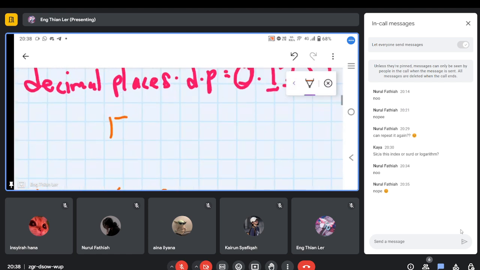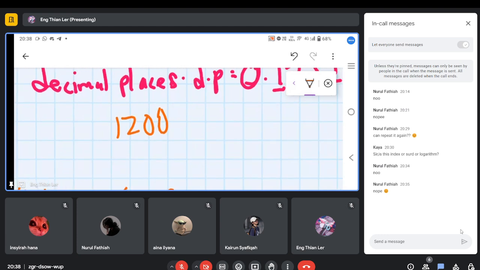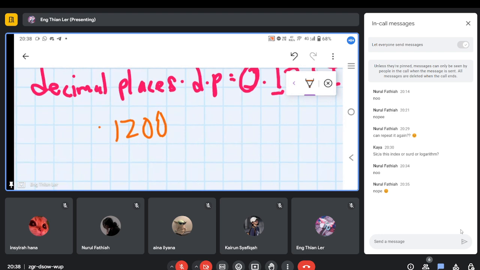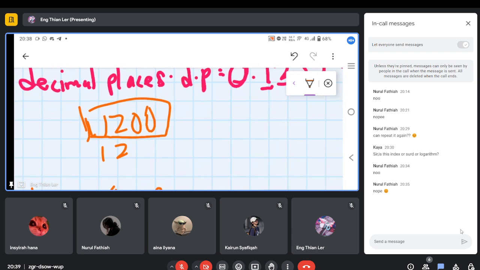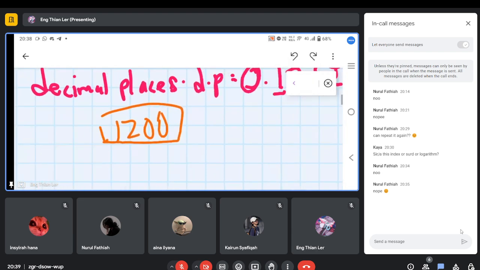So let's say 1,200. We need to correct this to 2 significant figures. So it's just 1 2. For 2 significant figures, you round off after that.